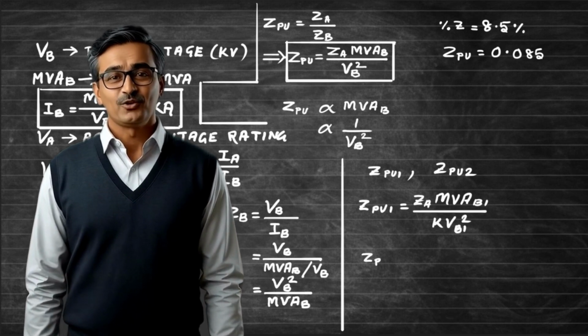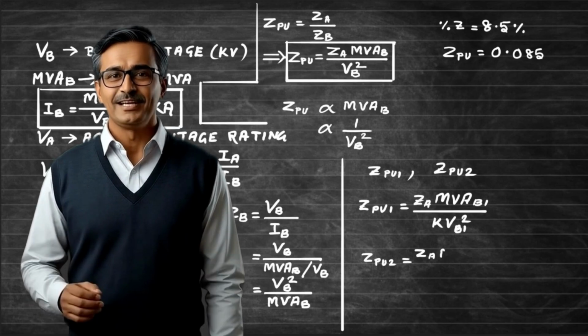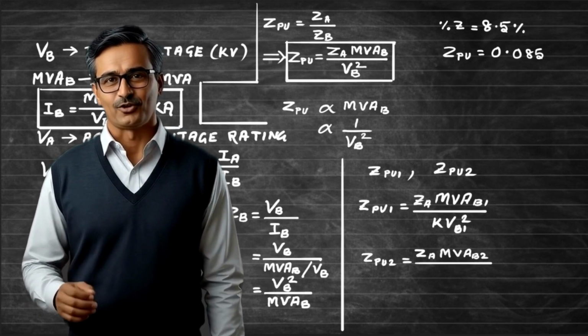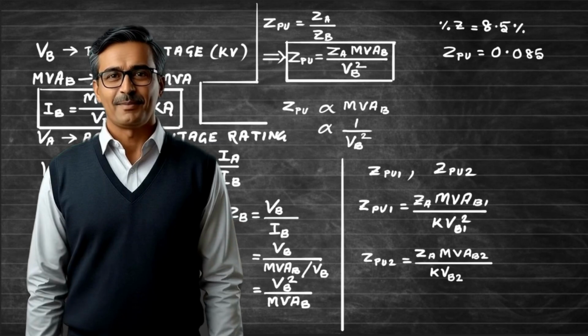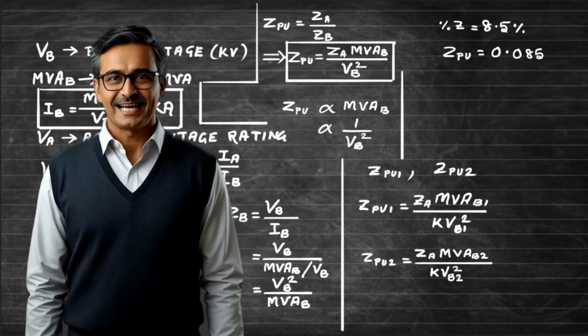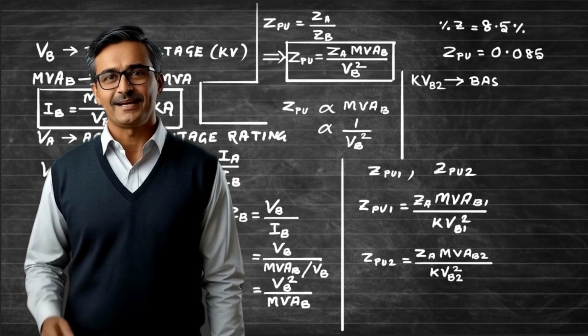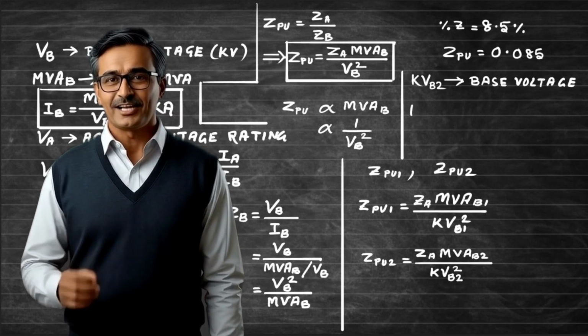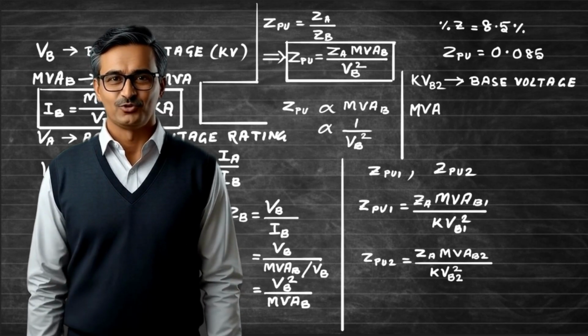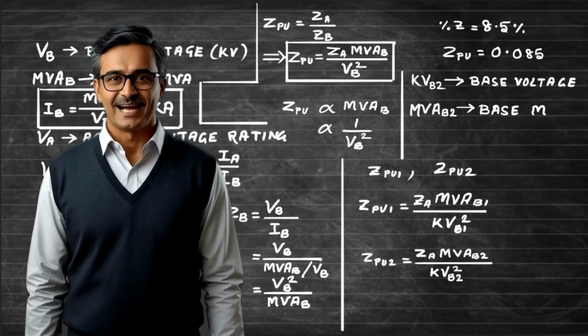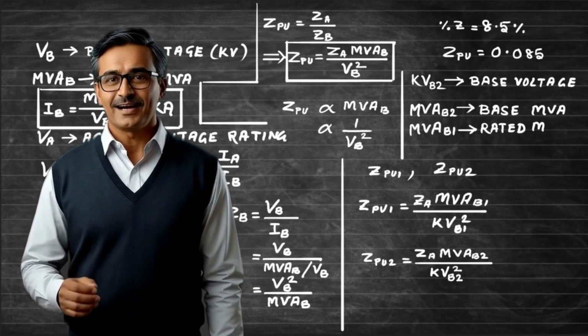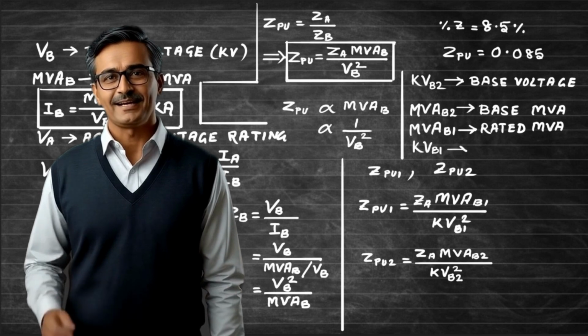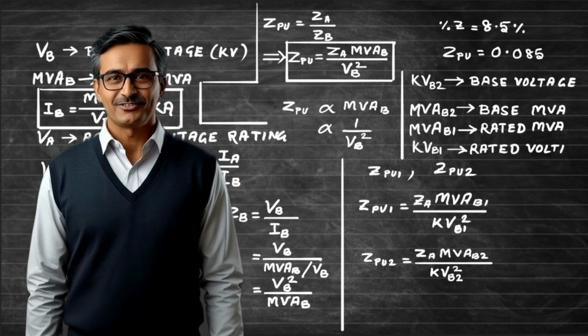Similarly, ZPU2 equals ZA multiplied by MVA B2 divided by KVB2 square. Here, KVB2 is the base voltage that we have considered for our calculation and MVA B2 is the base MVA that we have selected for the system calculation. Similarly, MVA B1 is the rated MVA of the actual transformer and KVB1 is the rated voltage of the transformer.